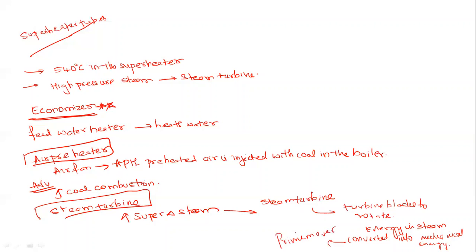The pressure and temperature of the steam fall to lower values and it expands in volume as it passes through the turbine. The expanded low pressure steam is exhausted into the condenser.